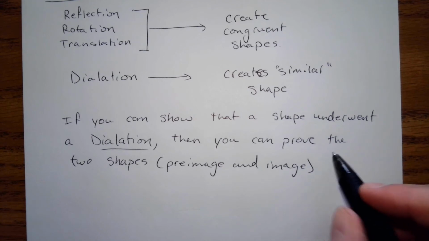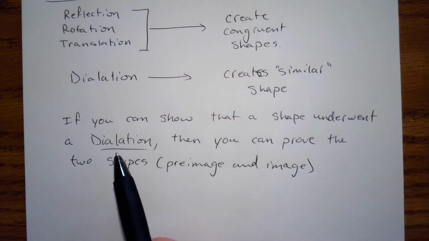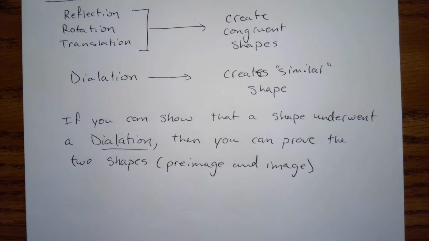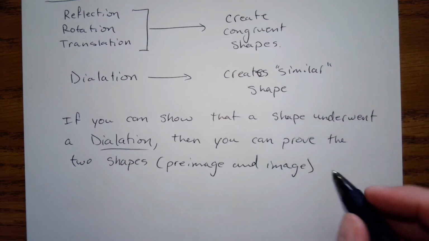So you can prove that. If you can write down a dilation, some rule for a dilation, then you already know that the two shapes are similar.